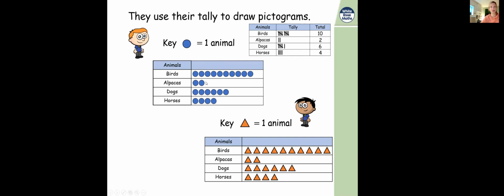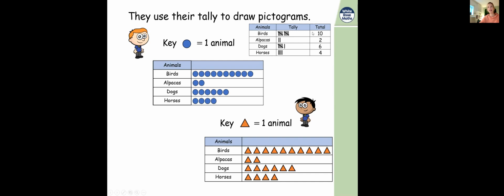They saw 6 dogs. So how many circles did they draw? That's right, 6. 1, 2, 3, 4, 5, 6. Horses, they saw 4 horses. How many circles did they draw? That's right, 4. 1, 2, 3, 4.